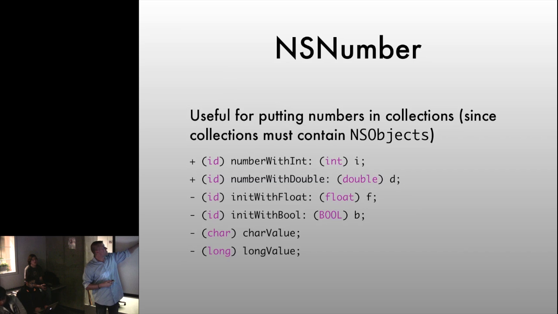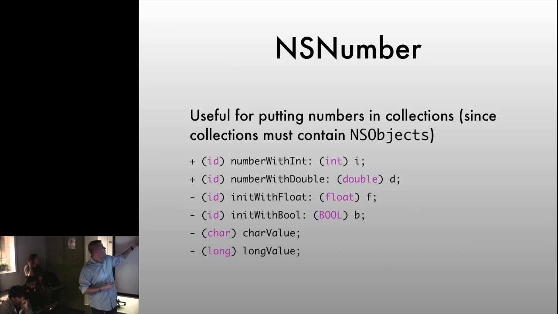Some of the class methods for NSNumber are like numberWithInt. You give it a raw, native integer value, and you'll get back an NSNumber that represents that integer value as an NSObject.